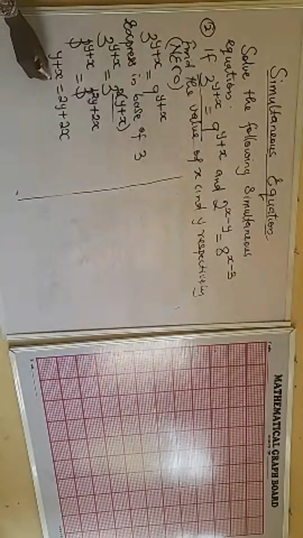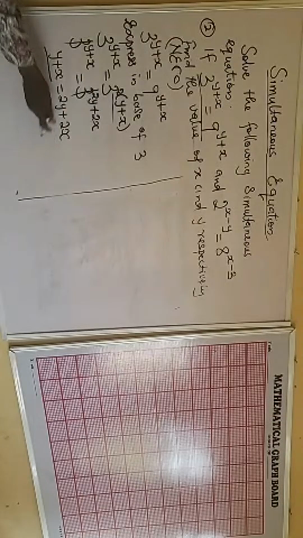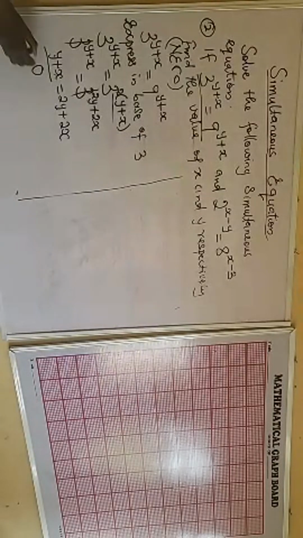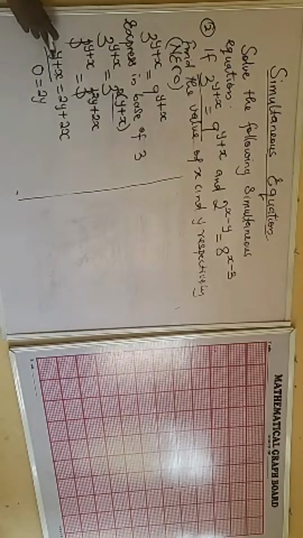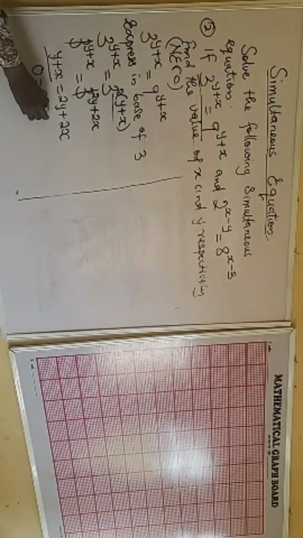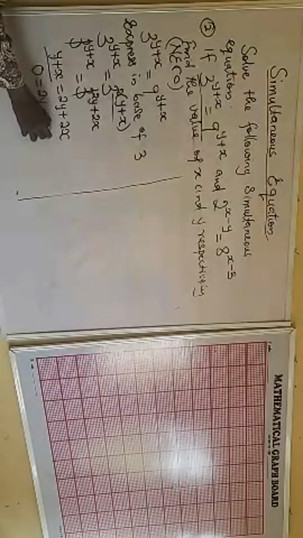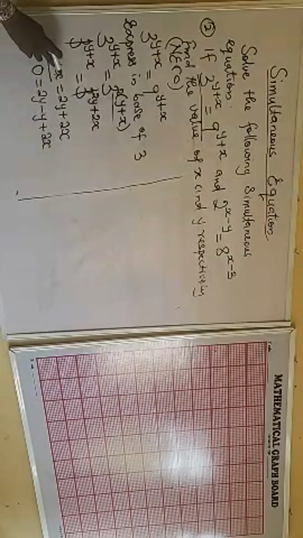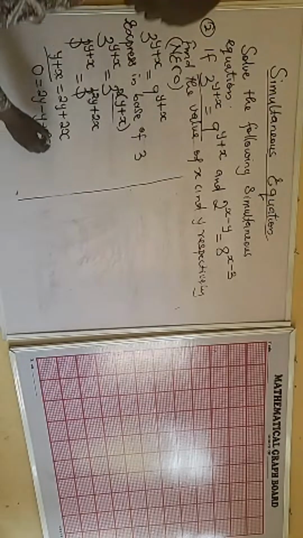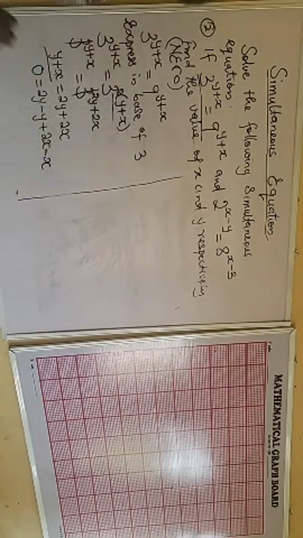Okay, you know what I want to do now? I want to carry everything here to this side, y to meet y, x to meet x, so here will remain 0, which is equal to 2y. When this plus y comes here, it becomes minus y, plus 2x. When that x goes to the other side, it becomes minus x.